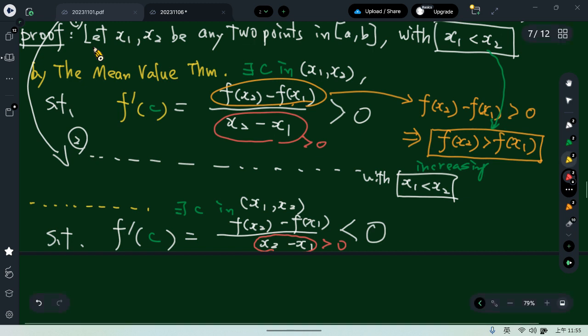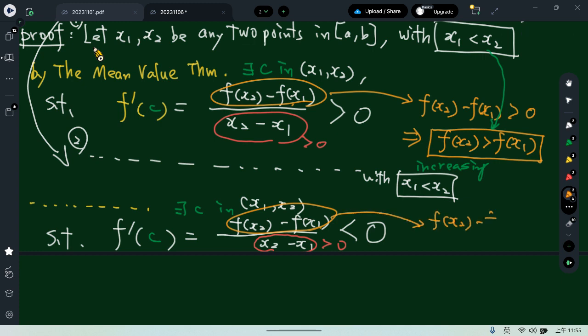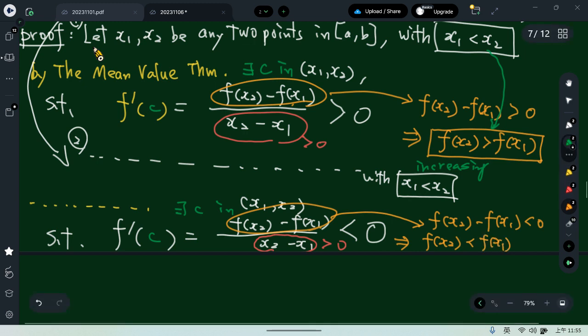So we can conclude this part will be less than 0, so that f of S2 is less than f of S1. So we can say it's decreasing.